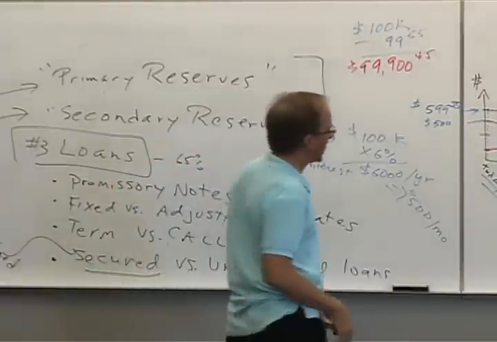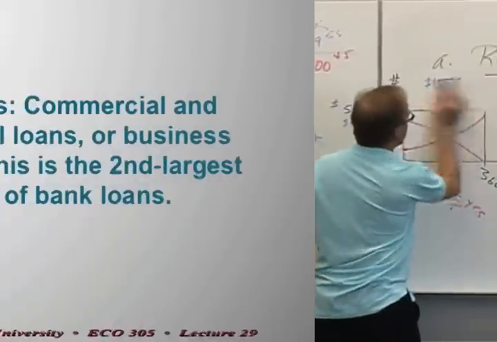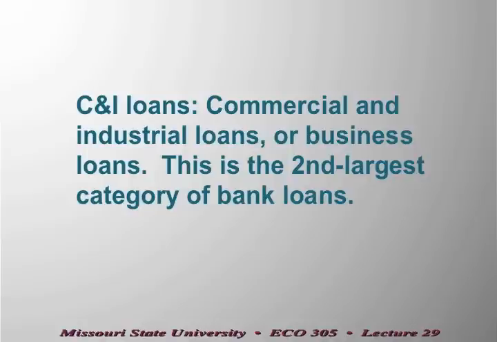Second, let me do some erasing here. The second category of loans that are very big, very well known, are C&I loans, commercial and industrial loans.